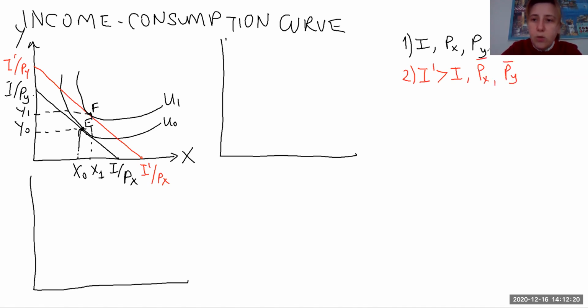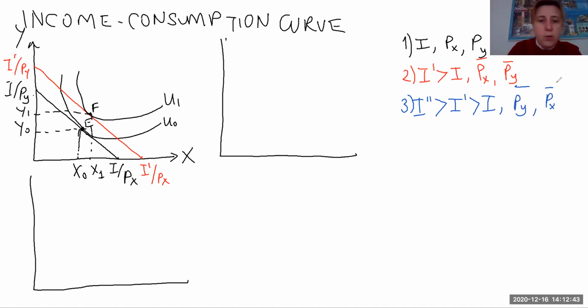And in the third step, we assume the income of the consumer has increased once more. So I2 prime is greater than I prime and there is no change in prices again.